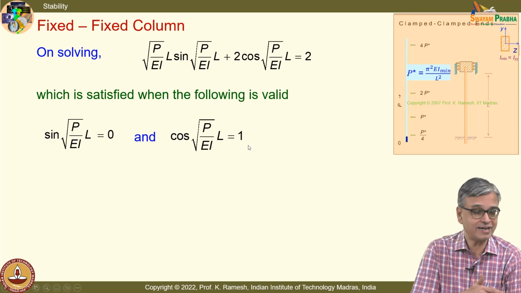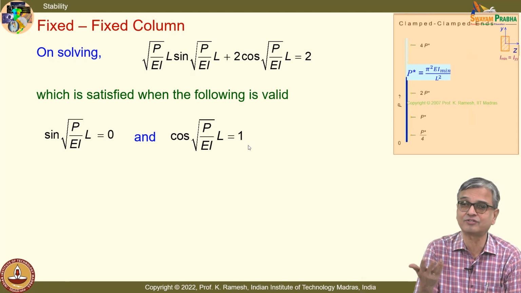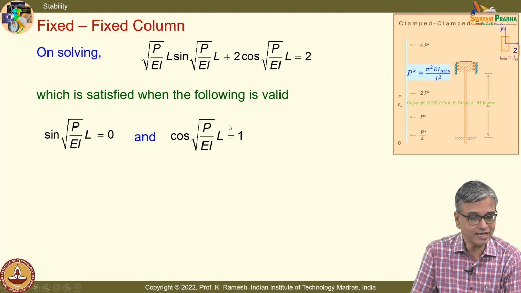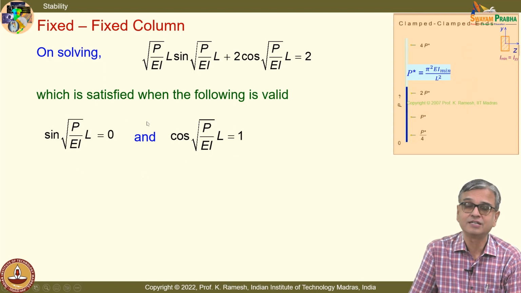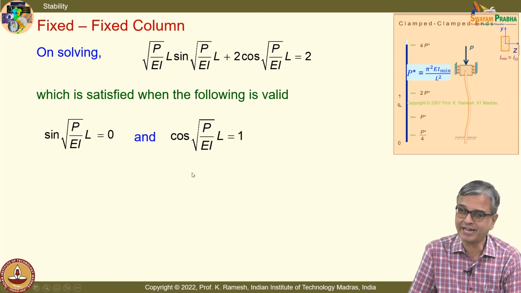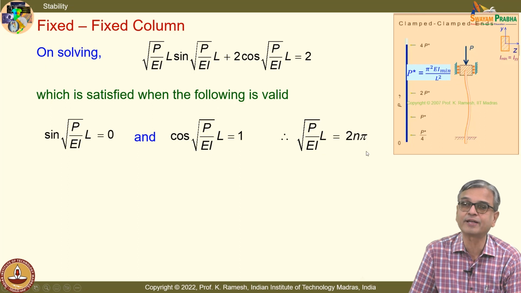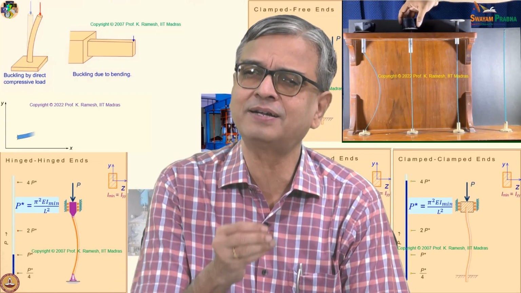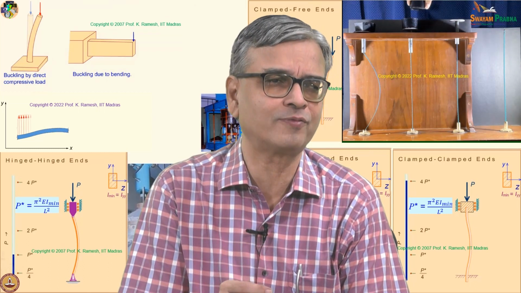Earlier case we had sin lambda L equal to 0, fine, that was only one condition, we solved one problem. But now I should have both of these go to their respective values as indicated. So, this is possible when I have square root of P by EI L equal to 2n pi. The difference comes only there, otherwise the mathematics is simple, straightforward.